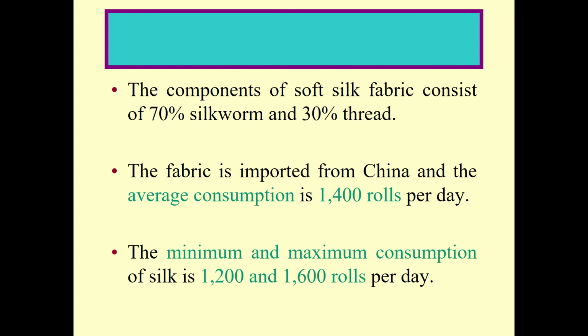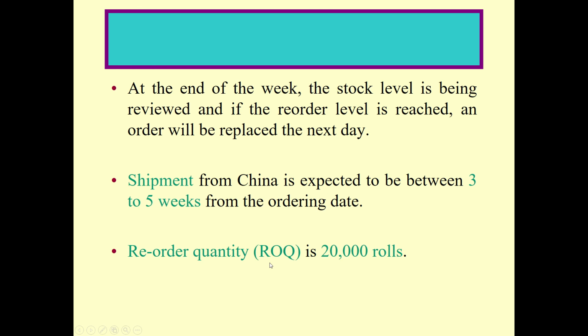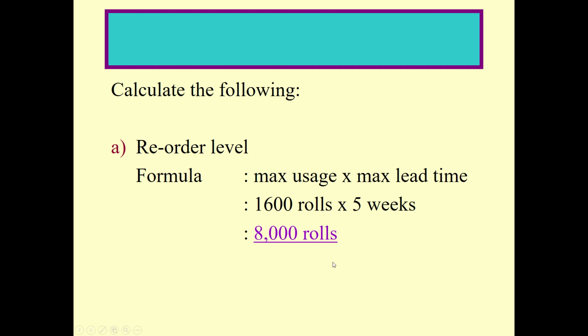The minimum consumption is equal to 1,200 rolls per day. And the minimum lead time, the question also stated, is equal to 3 weeks. And the ROQ is also given at 20,000 rolls.